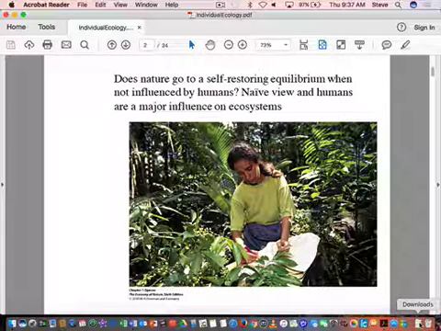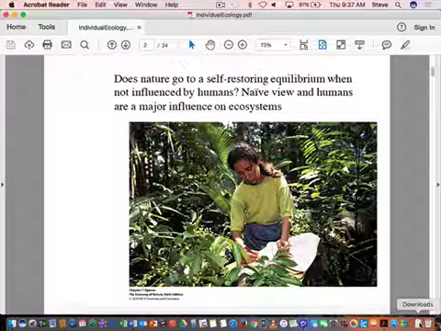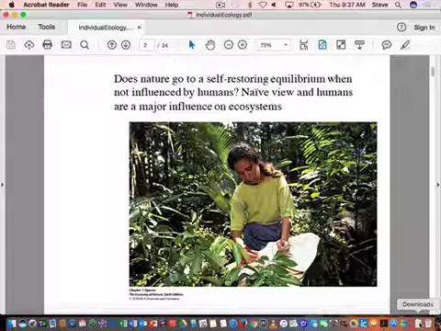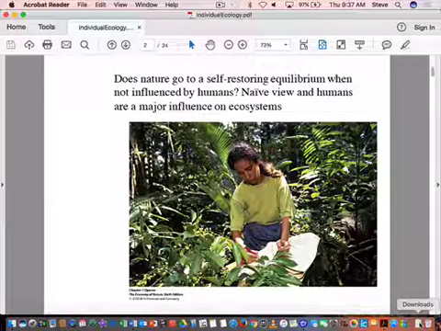Here's a picture of, I think, Costa Rica. Here's a female tropical biologist out in the middle of this tropical rainforest studying various things. Or this could be in Amazonia, and people could envision that that's a natural ecosystem not perturbed by humans. Do you think that's true? Probably not.